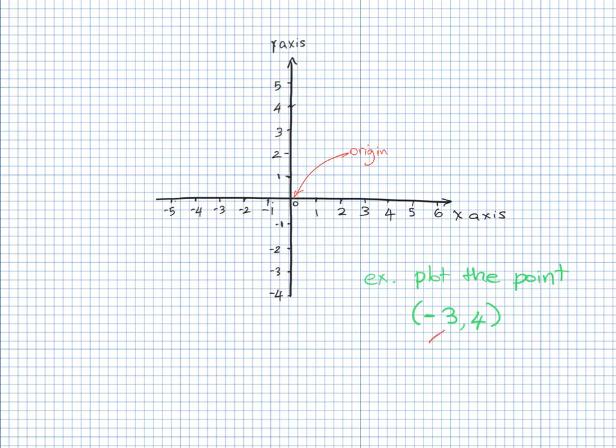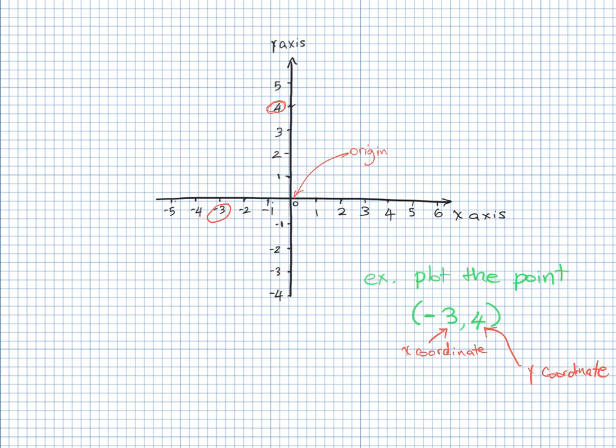All right, so it looks like our x coordinate, because x is always written first, is -3. So that's right here, but that's not the point, that's just the x coordinate. And our y coordinate is 4. On the y-axis, that's just where the point is located on the y-axis.